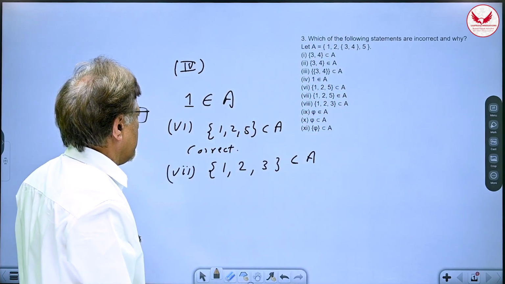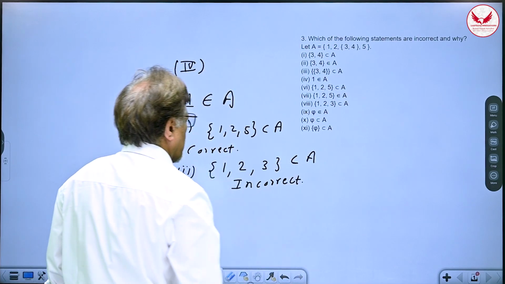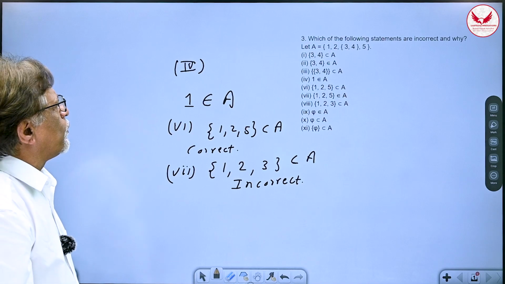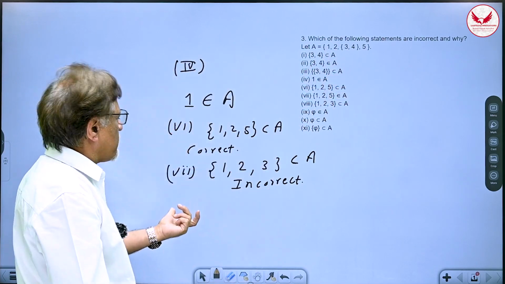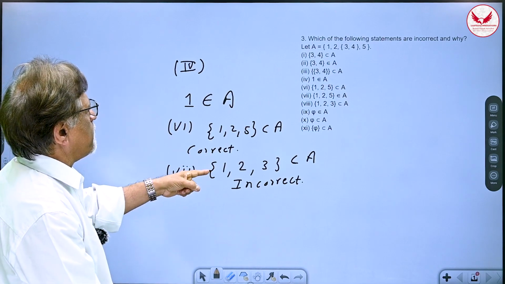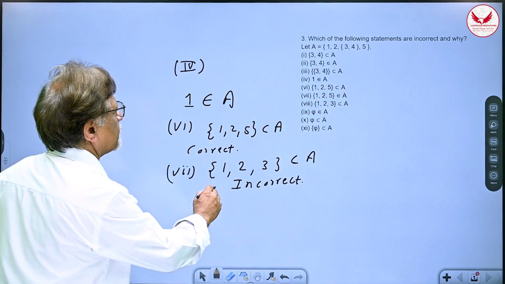This particular set. So this statement is incorrect. Because 3 is not an element of A, right? There is a set called {3, 4}, which is an element, okay? So if I say 3 belongs to the set {3, 4}, that's a correct statement, but not this one, okay?